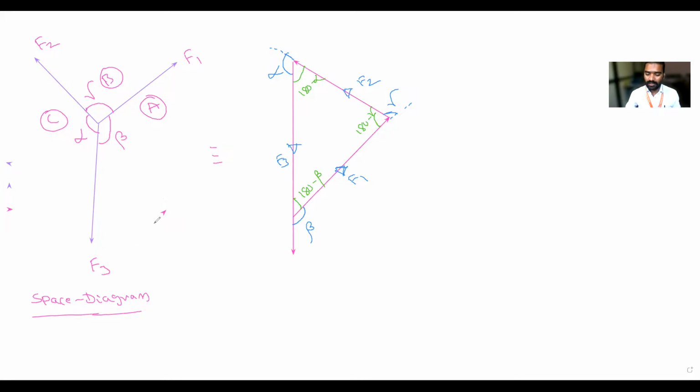Now, as per the statement of Lami's theorem, I will write all the things. First, all of you draw this one. Draw the diagram, we will write later. Almost time is up. All of you draw this vector diagram.